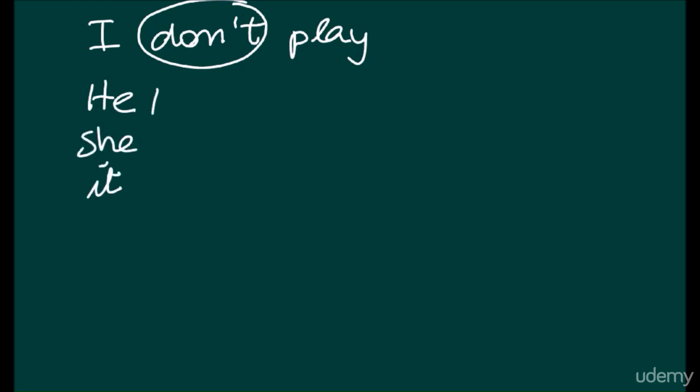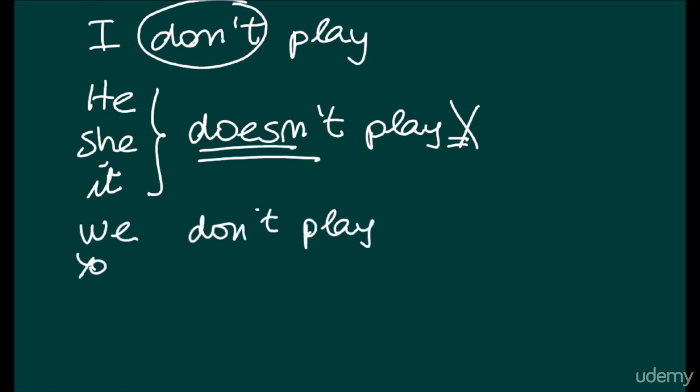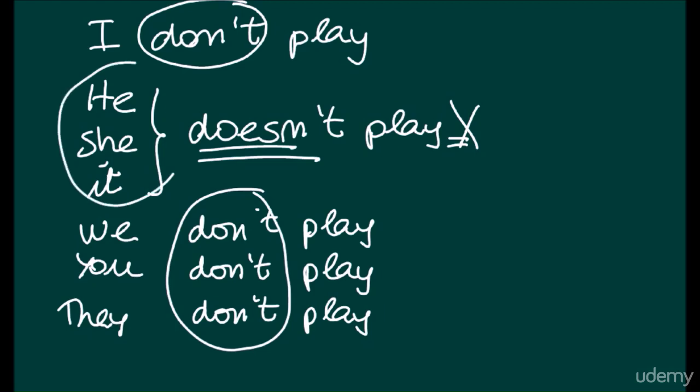But in he, she, it, we say, he doesn't play without the S. She doesn't play without the S. And it doesn't play without the S. We don't play, you don't play, they don't play. As you see again that the different ones are he, she, it, where we put doesn't before the verb and leave the verb without the S.